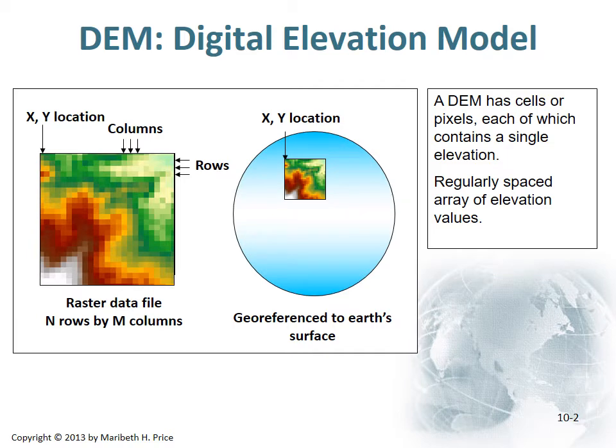So once again, DEMs are regular grids or rasters filled with information about the Earth's surface, ideally georeferenced to the Earth's surface. And in particular, the foundation type of information that we use here, the DEM, is digital elevation models. So all of the information contained within the raster should be elevation.